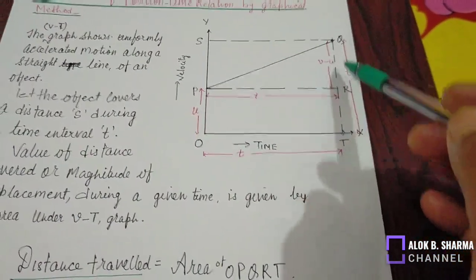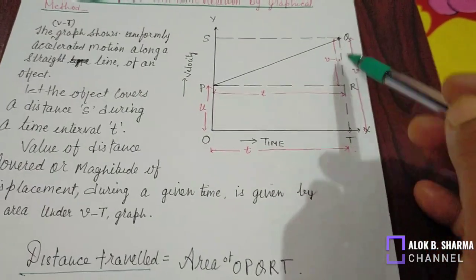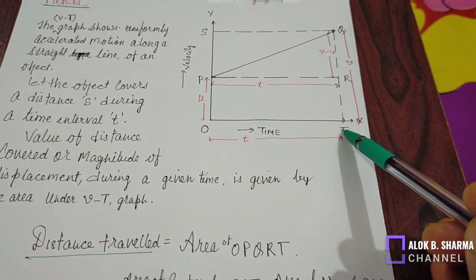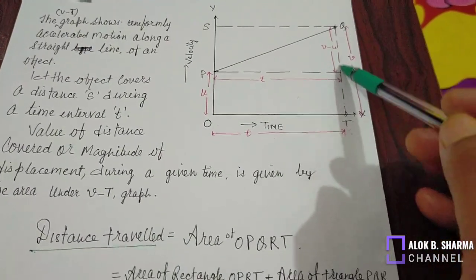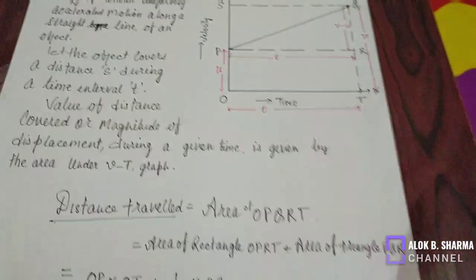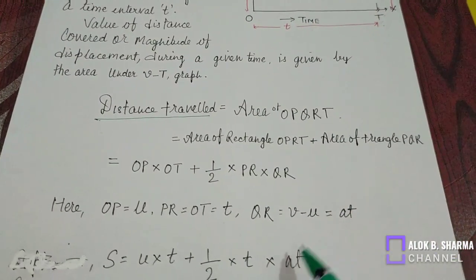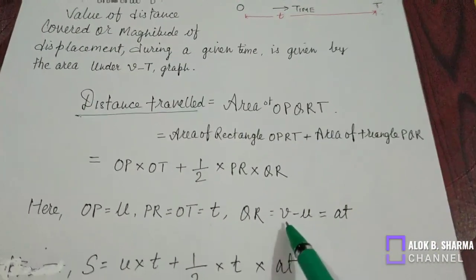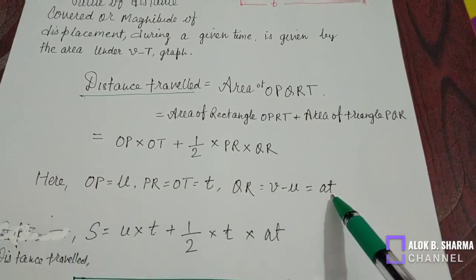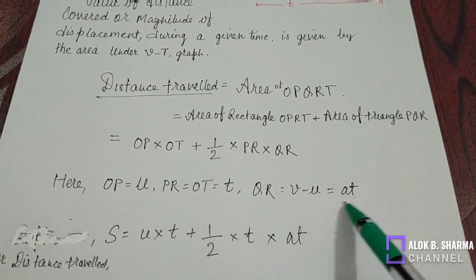Q is the final velocity, R is the initial velocity, so QR will be V minus U, or QT minus PR. Very simple. Now we will put in the formula V minus U equals AT, which is obtained from the first equation.